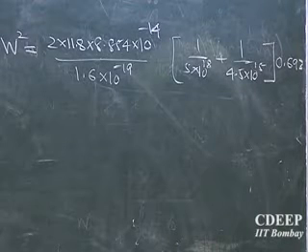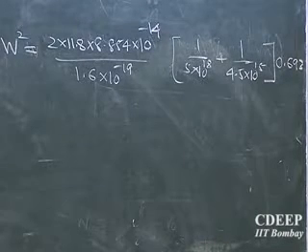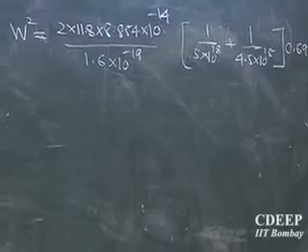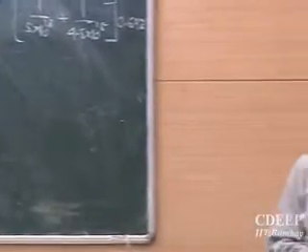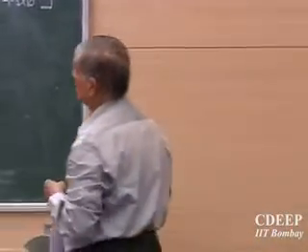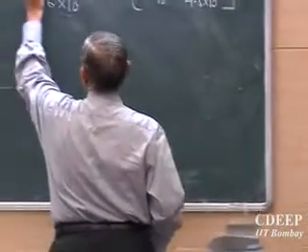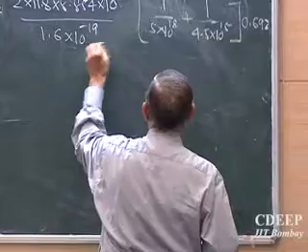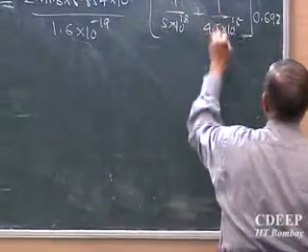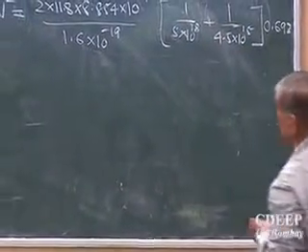So I evaluated first V0, then I use that V0 and the Na and Nd values to calculate W. Just substitute all of it. This is twice Ks epsilon naught by q, 1 upon Na plus 1 upon Nd, into V0.